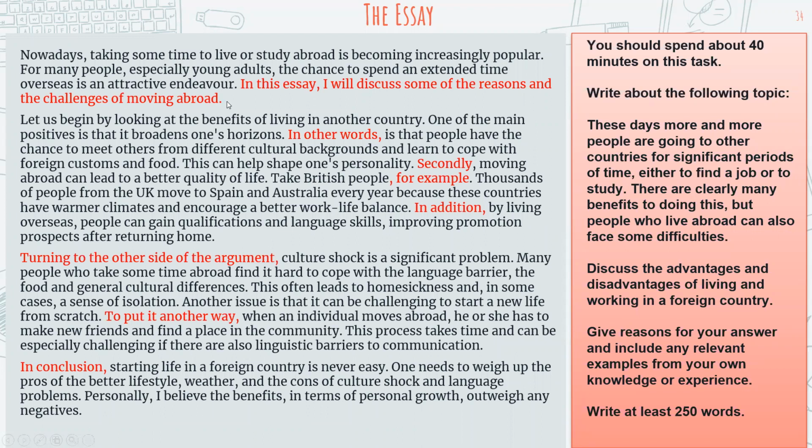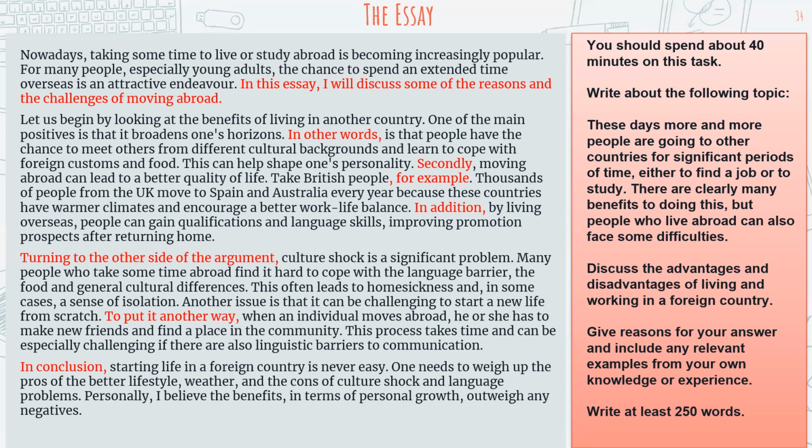As you can see, I didn't use the words advantages and disadvantages. I used, I will discuss some of the reasons and challenges. Okay. You can use different words. You can use benefits and drawbacks and so on. Also, actually the question says going to other countries for significant periods of time.